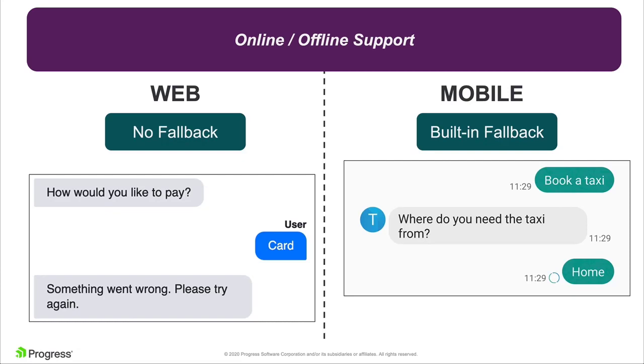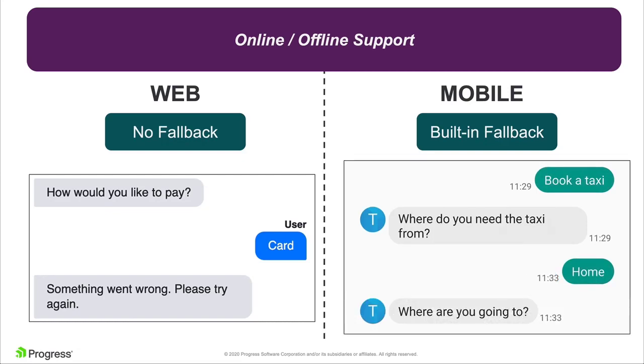For example, if you're underground and you suddenly lose connection when you said that you want a taxi from home, your mobile device will keep trying to send that message to the server, and eventually 4 minutes later when it arrives, the chatbot will receive it and then it will be able to respond. And even if you lose the connection before you get the response from the chatbot, this is again not much of a problem because the SMS will automatically get delivered as soon as you come back online.